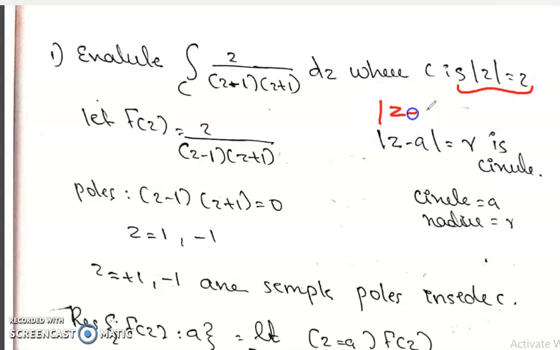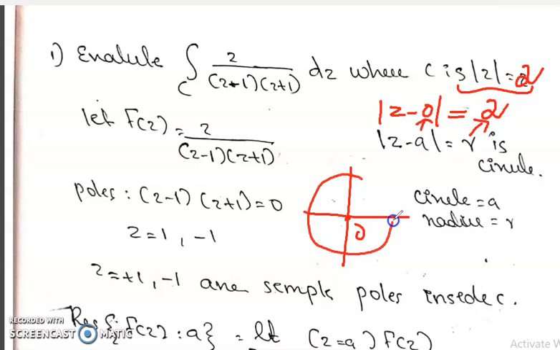Mod z minus 0 is equal to 2, so the center a is 0 and the radius is 2. If you draw a circle with center 0 and radius 2, this point will be 2 and this point will be minus 2, because the radius is 2.